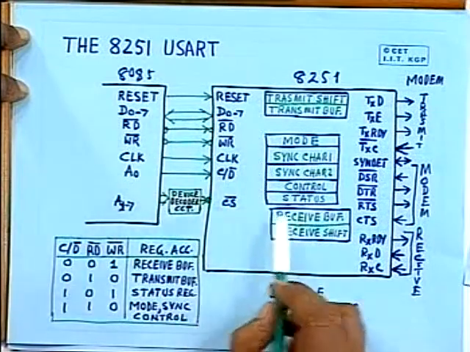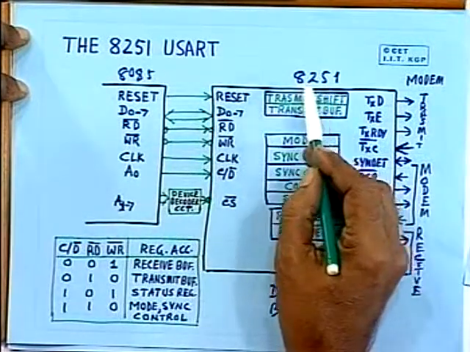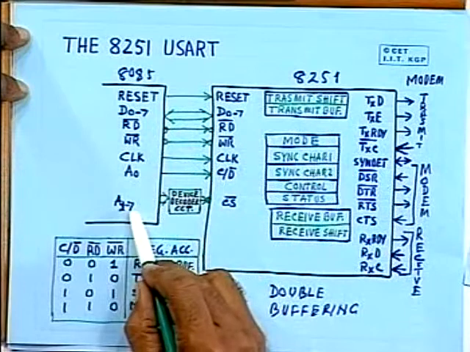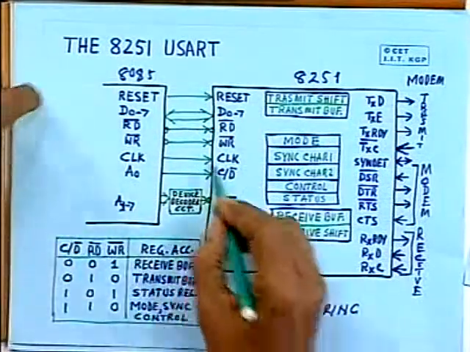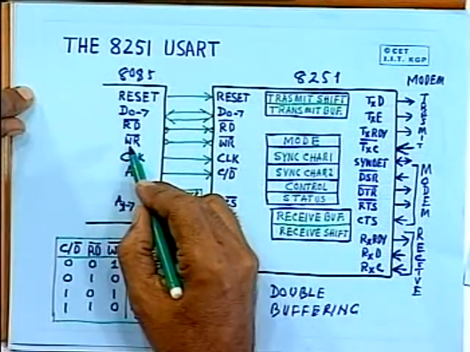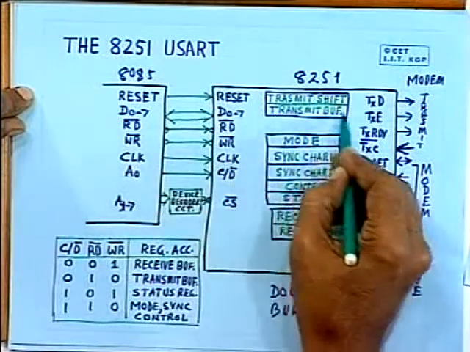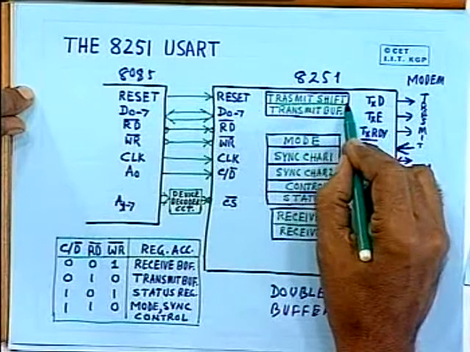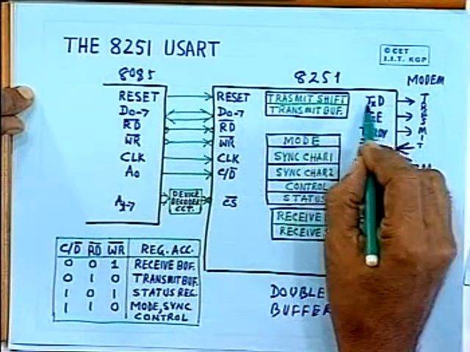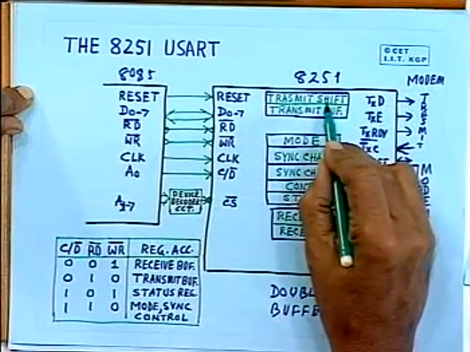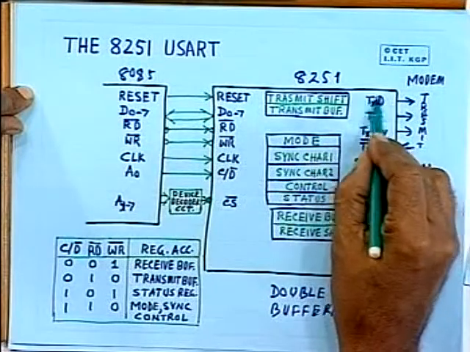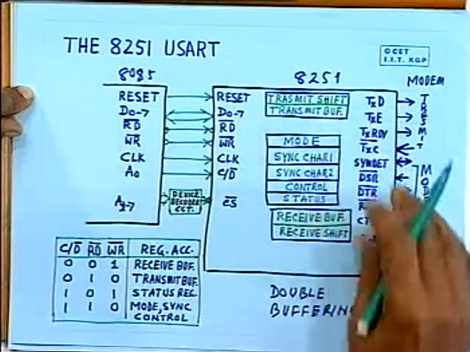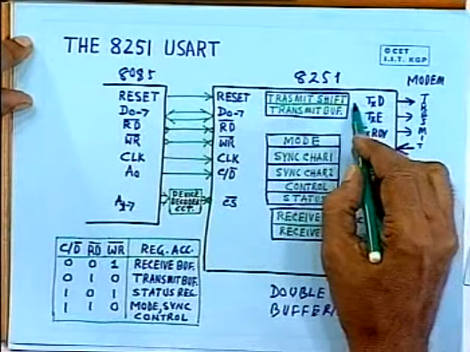And as you can see, this 8251 relieves the burden of the microprocessor. How? Whenever the microprocessor has to send data, it simply loads it into this transmit buffer, and the 8251 automatically generates the start bit, then sends the data bits, generates the parity bit if necessary, and also generates the stop bit.